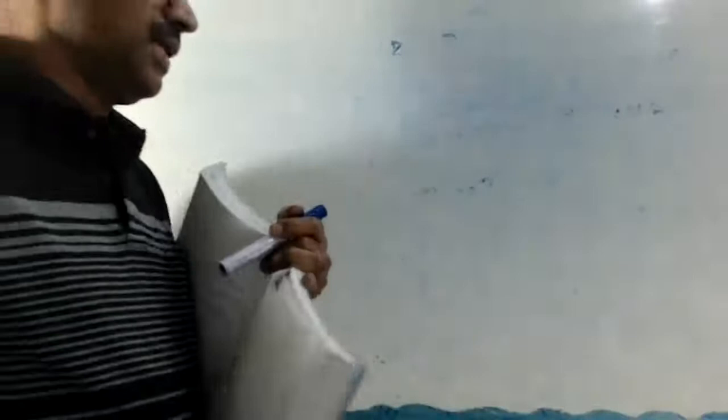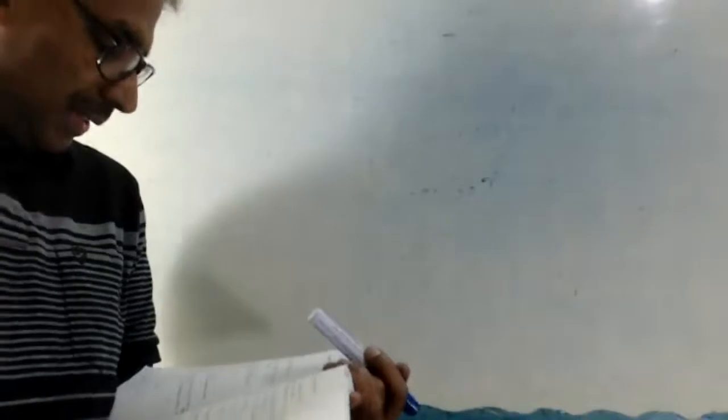Okay. Look, a field is in the shape of a trapezium whose parallel sides are 25 meter and 10 meter.